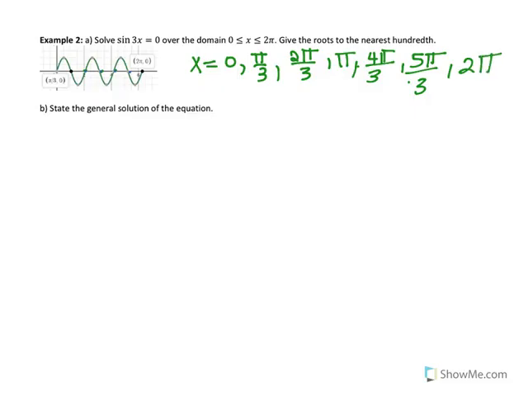So it is hitting regularly every pi over 3. So we can say x is equal to pi over 3 times k, where k is an element of Z.